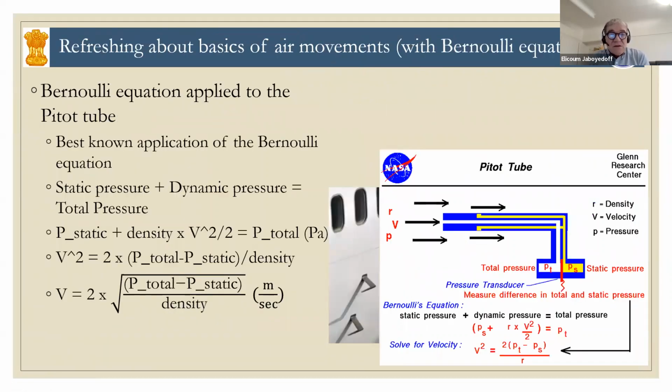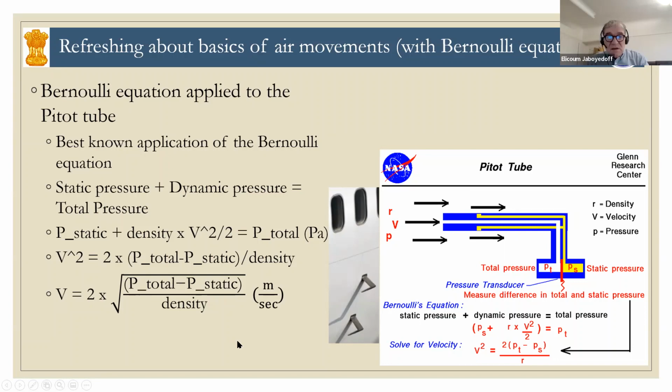Now, of course, just a bit of refreshing of the basics. Everybody knows the pitot tube that you see on the aircraft, which is very useful to measure the actual relative velocity of an aircraft with the wind. And you can see that typically you can calculate the velocity depending on the total pressure and the static pressure in the pitot tube.